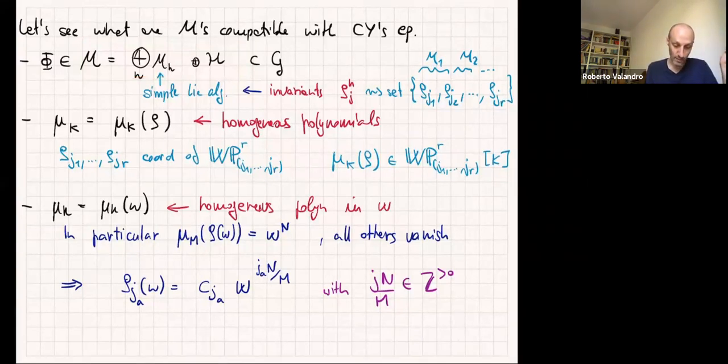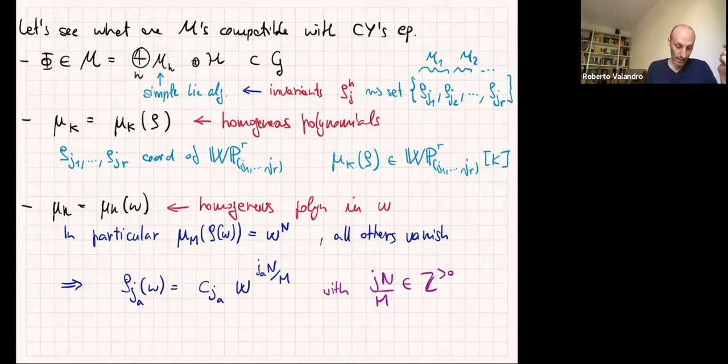Each of these simple algebras has some invariants, and after you specify these invariants, you can in some sense specify the Higgs field. So we use the fact that the coefficients that appear in the equation are homogeneous polynomials of this rho, and on the other hand, we want these mu to be homogeneous polynomials in W. Remember, they are all 0 except one, that is W to the n.